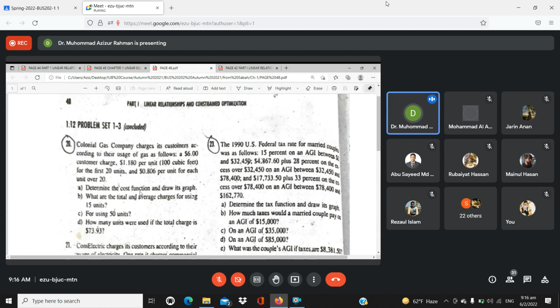Determine the cost function and draw the graph. What are the total and average charges for using 15 units? For using 50 units? And how many units were used if the total charge is 73?